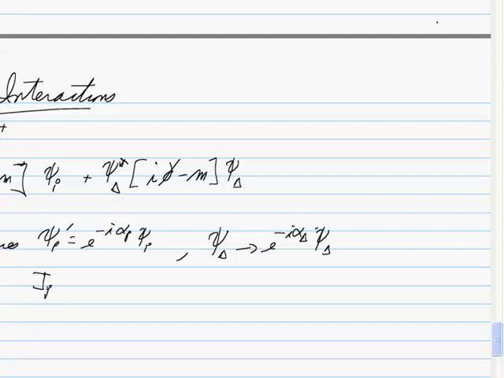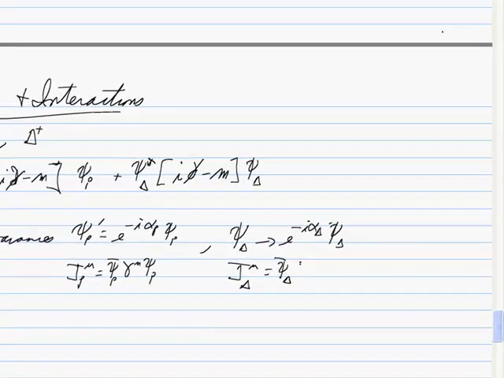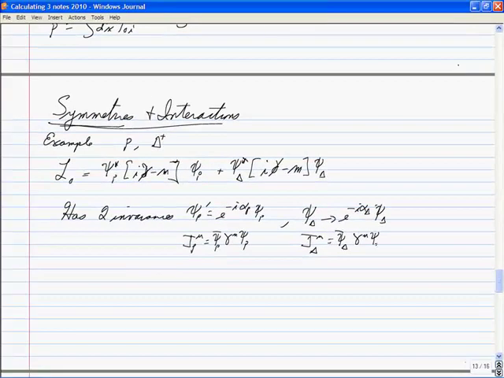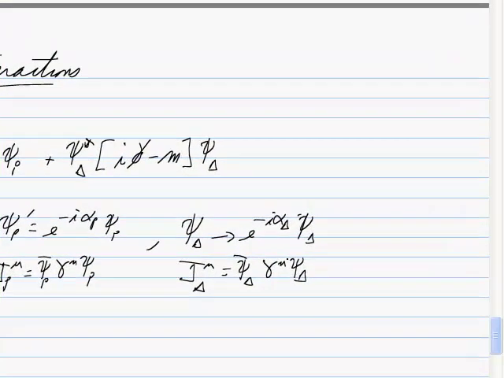You'd have a proton current, psi bar gamma mu psi, with protons, and you'd have a delta current. Okay, so there's two invariances.